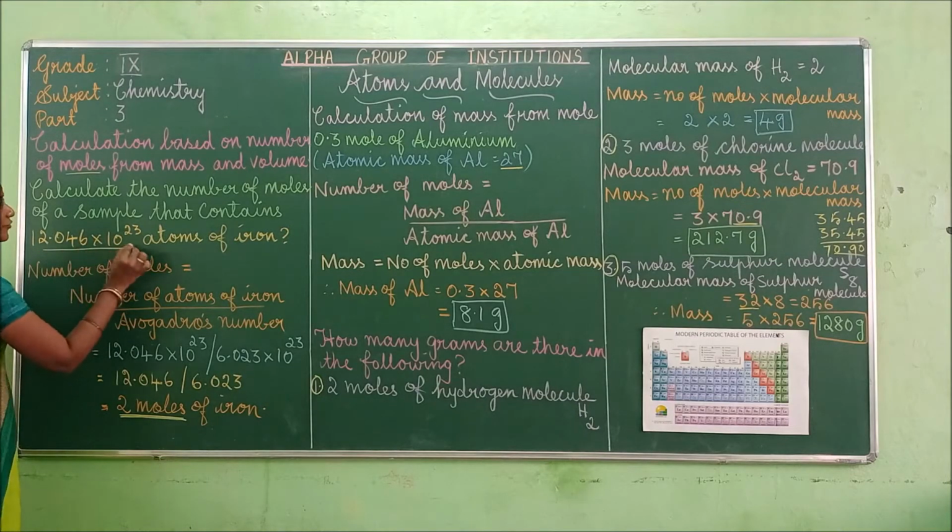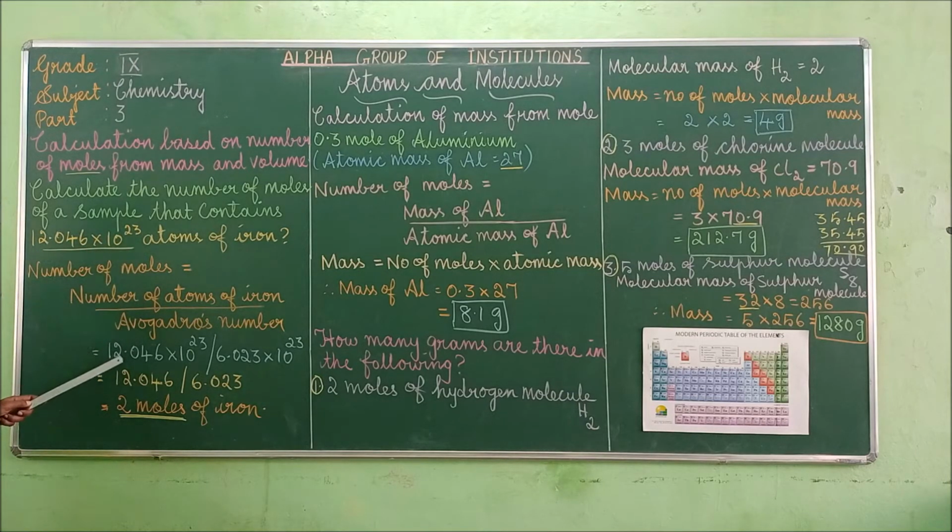So this is the number of atoms of iron, 12.046 into 10 to the power 23, divided by Avogadro's number.